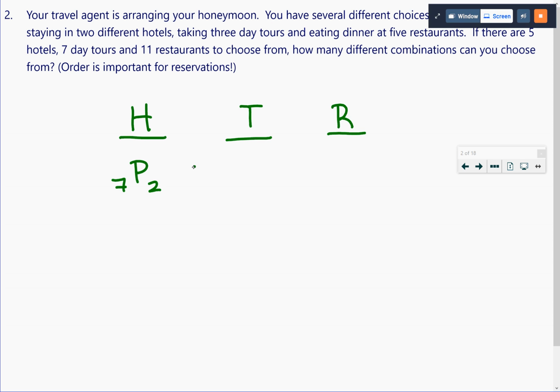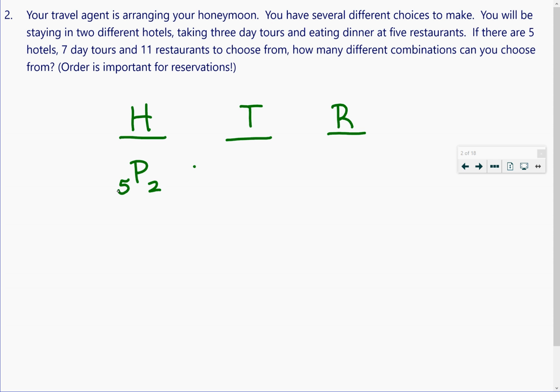Okay. All right. 3 day tours, and I have 7 to choose from. Oh, wait, did I do that wrong? There are 5 hotels, not 7. I read that wrong. There we go. 5, choose 2. All right. 3 day tours, and there are 7 to choose from. There we go.